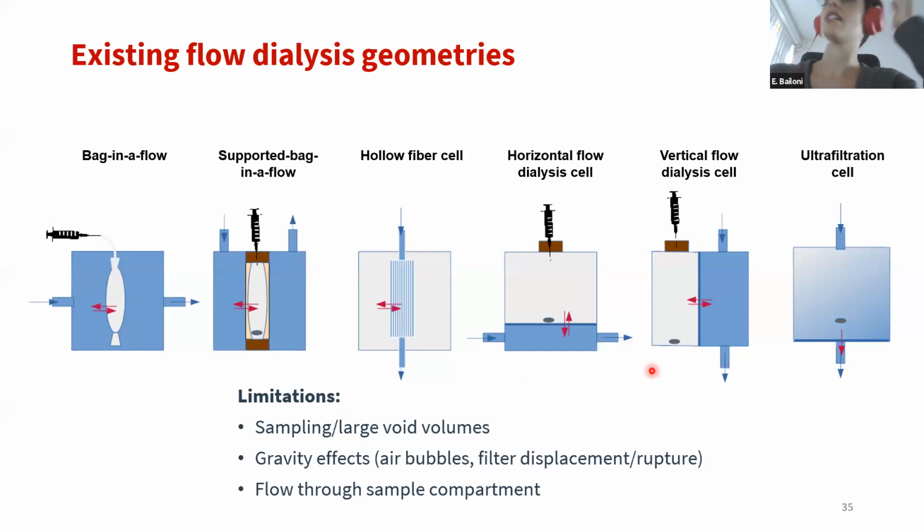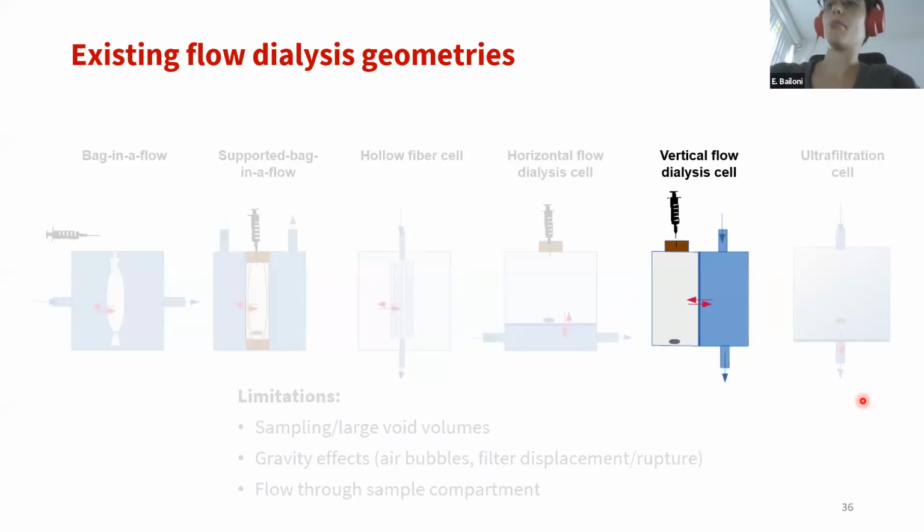And finally, in the example of the ultrafiltration cell, a flow is directly applied to the sample compartment. And in the case of cells, you can imagine that this is detrimental because they would be pushed towards the filter and they would therefore rupture. So the best design that we could think of is a vertical flow dialysis cell.